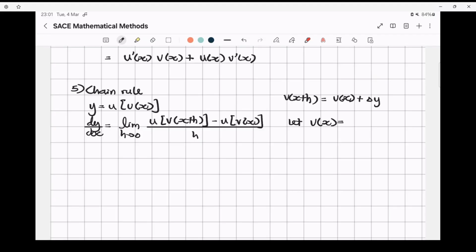There is another definition of the limit, whereby you consider instead x approaches a, and then you have this. So this is another definition of first principle, but I'm not using this.